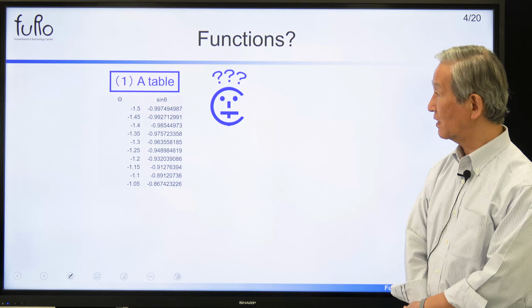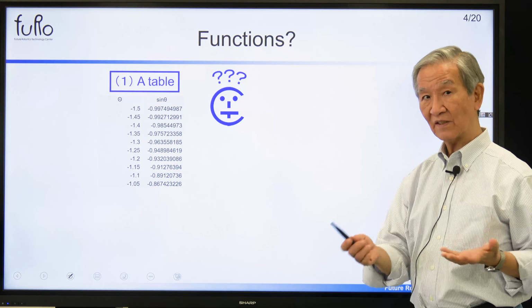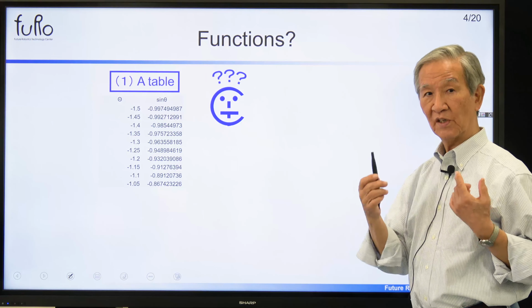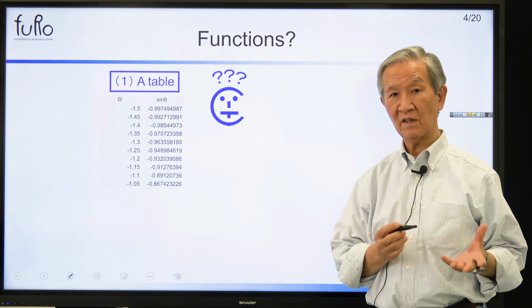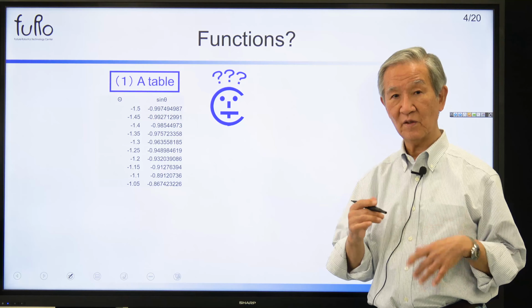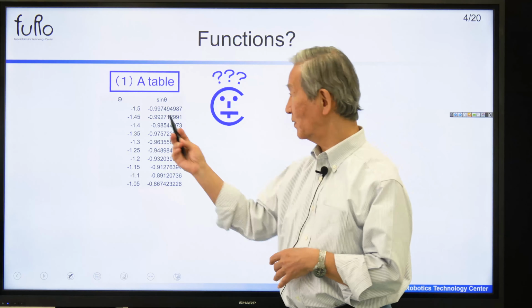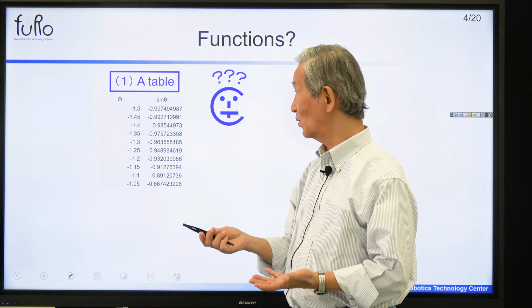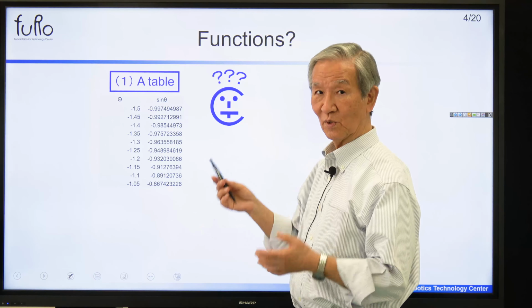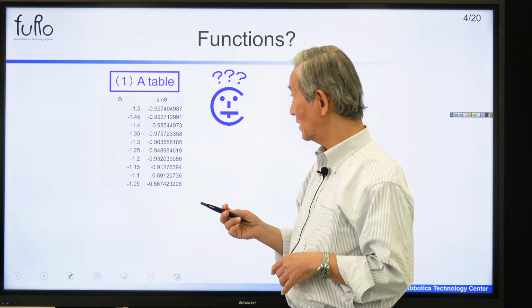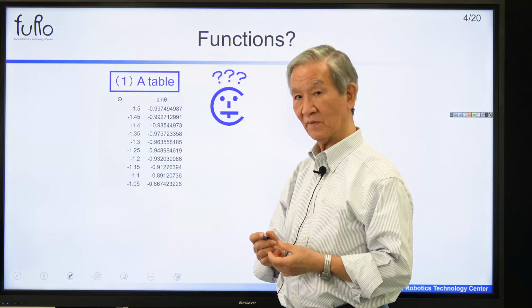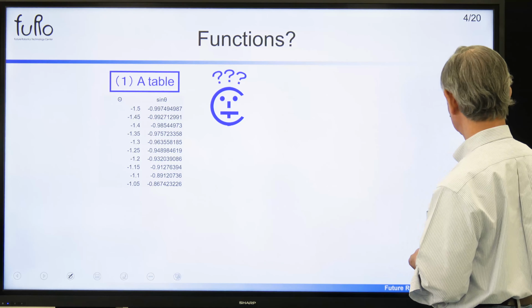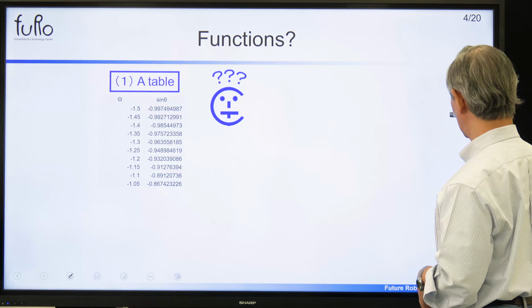So functions. What do you imagine when you hear the word function? Since you are digital age people, you will probably imagine this image of tables. Well, that's what the computer does.